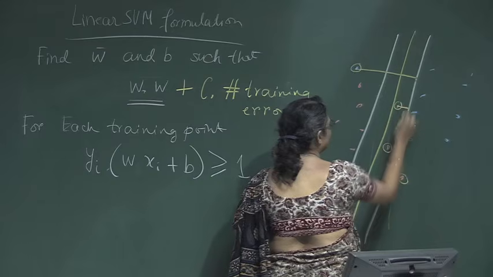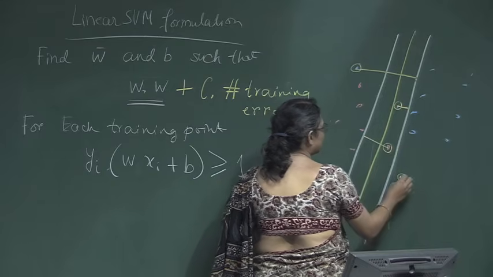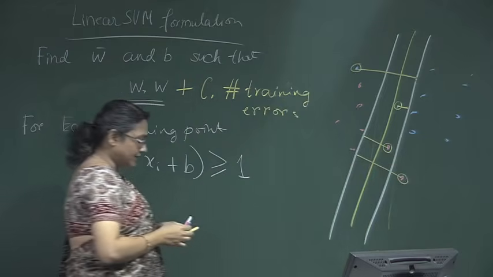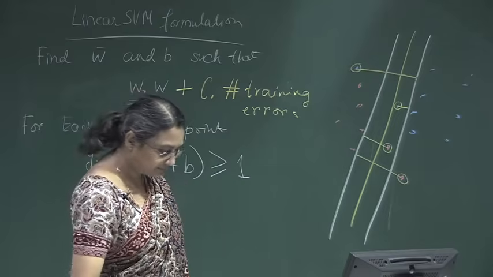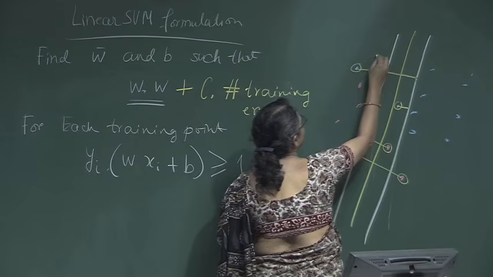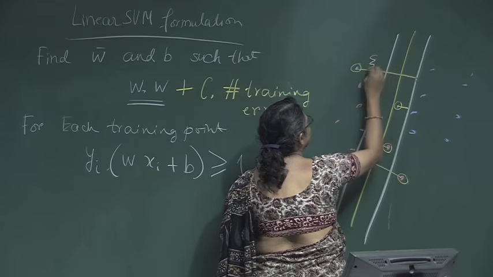Similarly, for this red point we have to move in this direction to get it correctly classified, and for this we have to move it like this. So, what we will do is that with every misclassified point we will associate an error or a penalty, which is the slack variable.